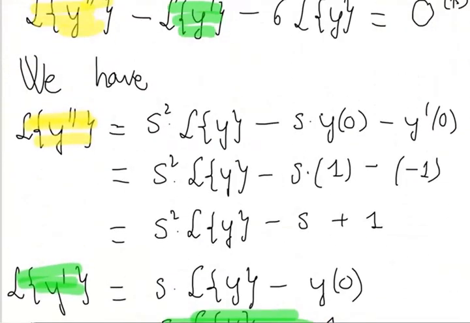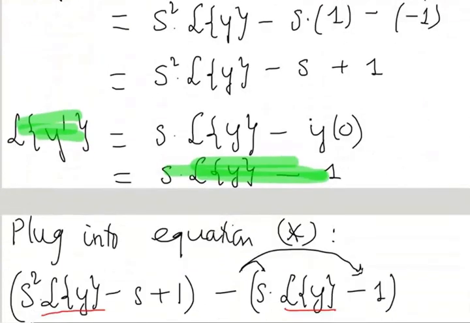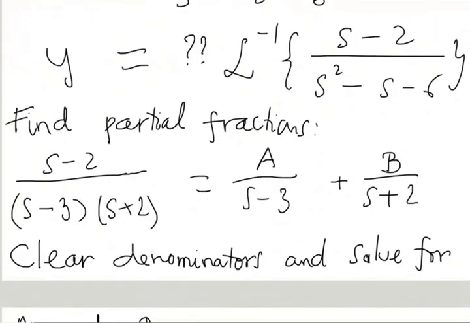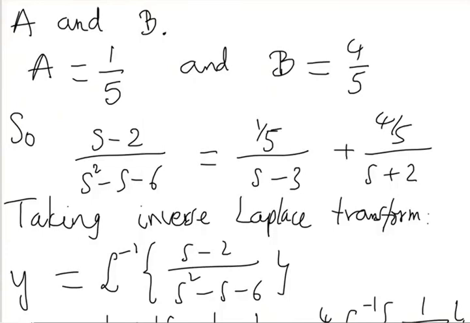So initial conditions are used right here, and that is the only place where we use initial conditions. Then we need to do partial fractions to solve for the inverse Laplace transform.